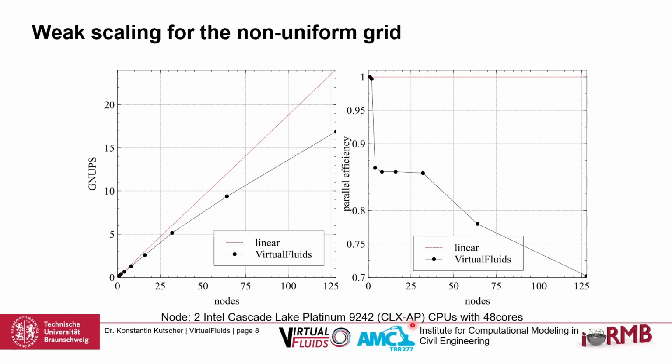It's also called CLX AP. It has two dies, 48 cores each die, and together 96 cores on one node.